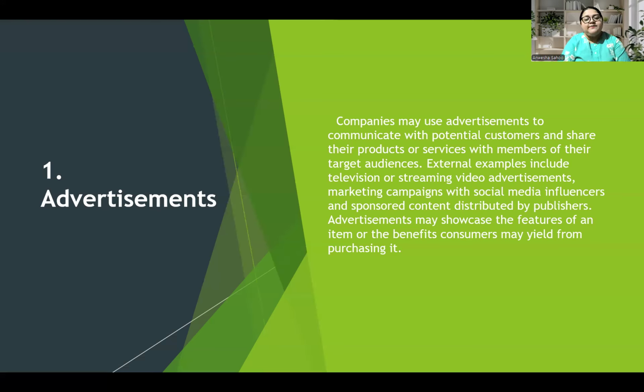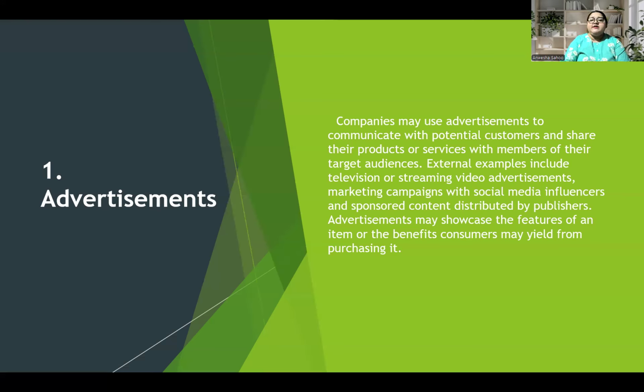External examples include television or streaming video advertisement, marketing campaigns with social media influencers, and sponsored content distributed by publishers. On the platforms we use, like Instagram, Facebook, whatever we are thinking, whatever we are searching, we get to see different kinds of such products or companies streaming whenever we are scrolling up or down on our social media platform.